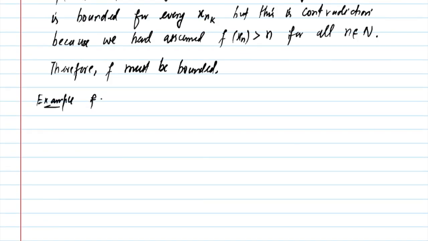So choose a function f, suppose this is equal to x squared plus 1, defined on the closed interval, suppose minus 3 to plus 4. We can randomly choose one closed interval.